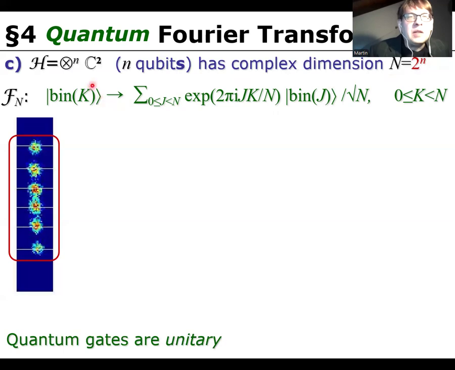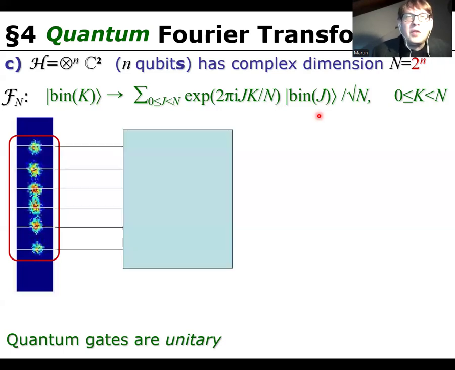And the kth of these unit vectors is then mapped to the similarly weighted unit vectors, which are here indexed with j. So previously j was just an index and k was an index, and here we use that again as index to the basis normalized unit vectors. So that's the quantum Fourier transform, and it is unitary.